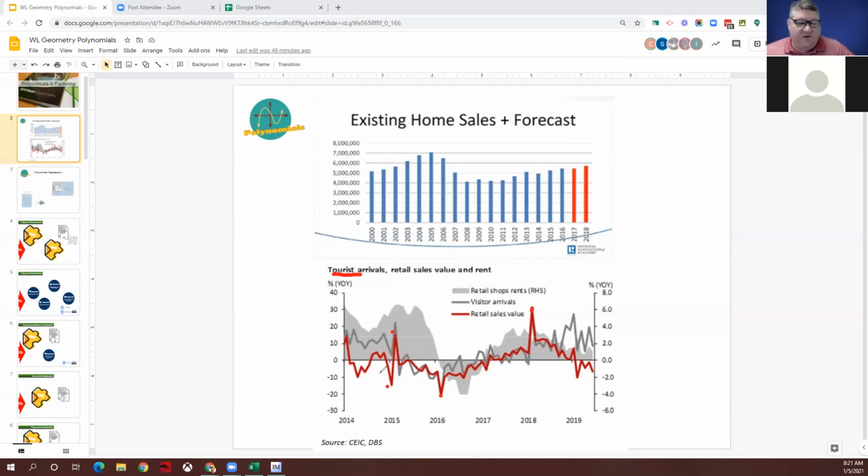Now, for this red line, tell me if I do an okay job for the red line. Is that one broadly okay? Does this red line match as best I can these other red dots?